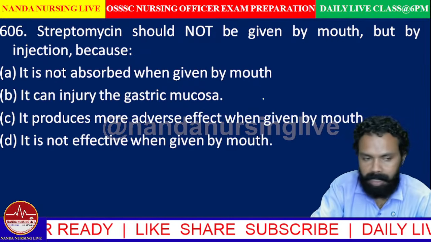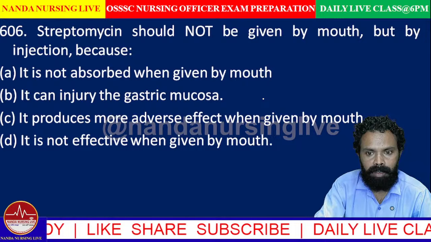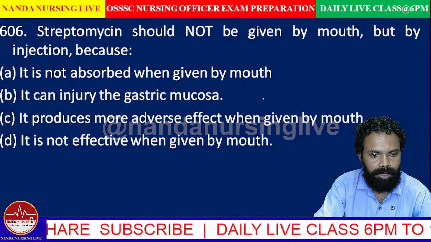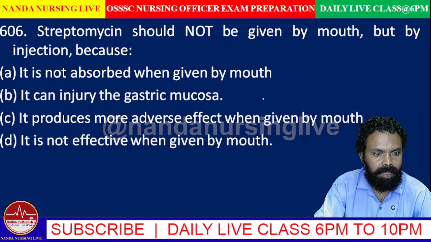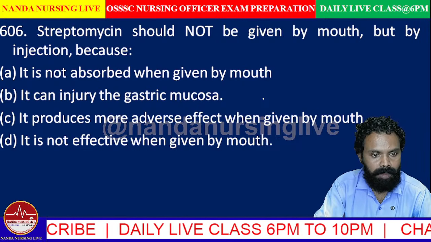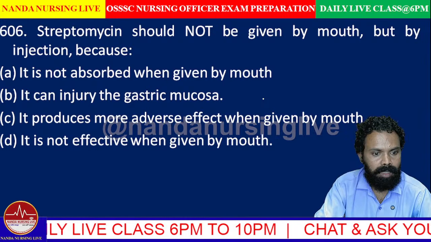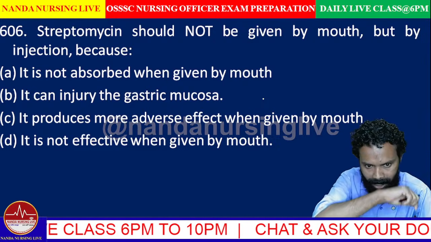Next question number 606. Streptomycin should not be given by mouth but by injection because option A it is not absorbed when given by mouth, option B it can injure the gastric mucosa, option C it produces more adverse effects when given by mouth, option D it is not effective when given by mouth.